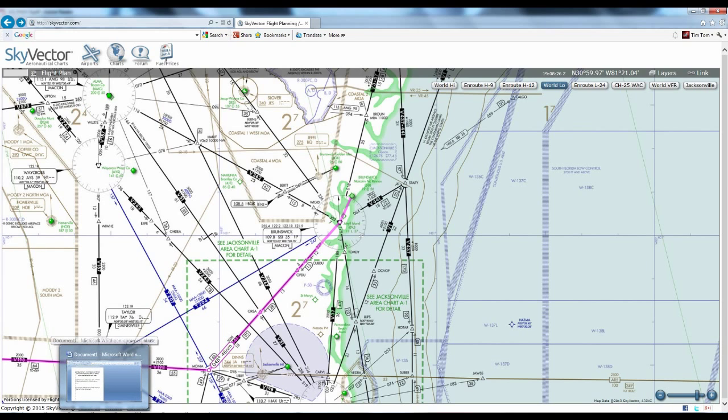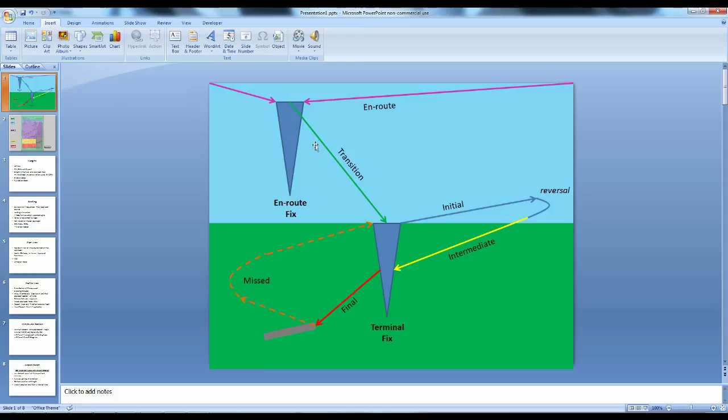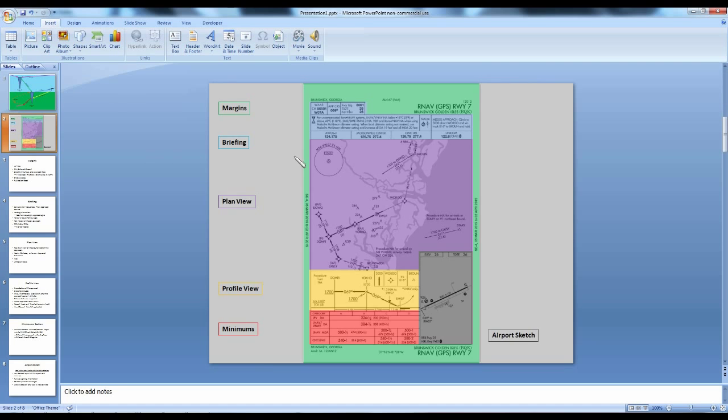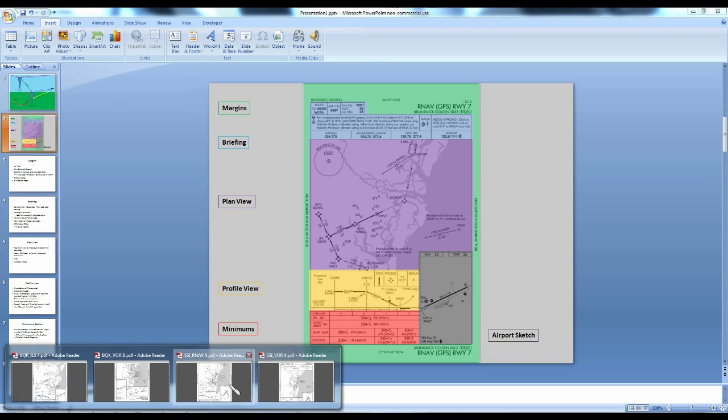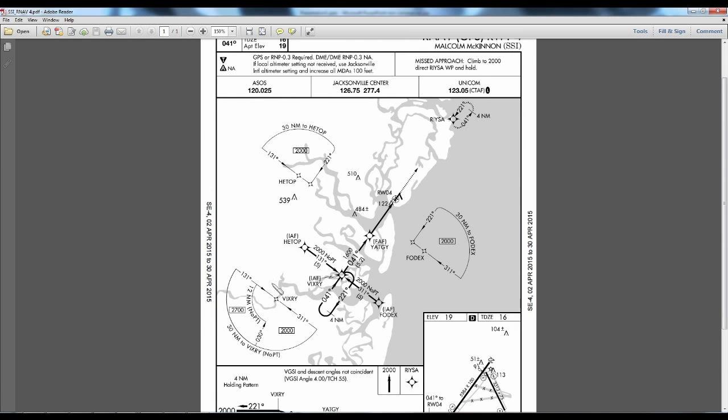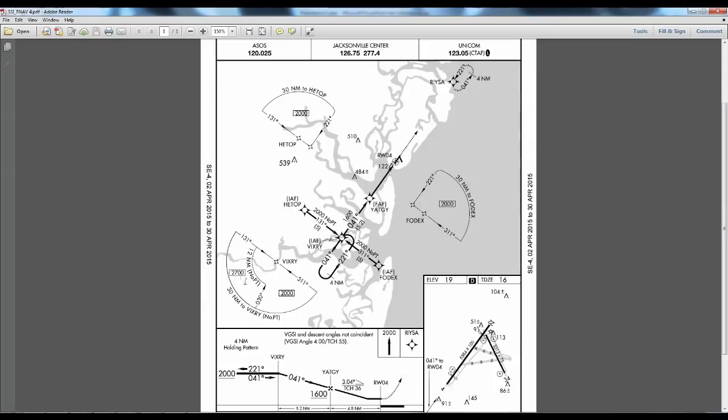There are rules to flying direct routes. Most notably, you've got to stay above the MSA at least. You can't really fly the direct route until you are within 25 nautical miles of the MSA fix, which in the case of our RNAV here would be VIXRI.